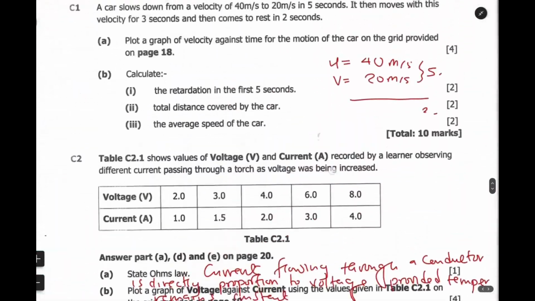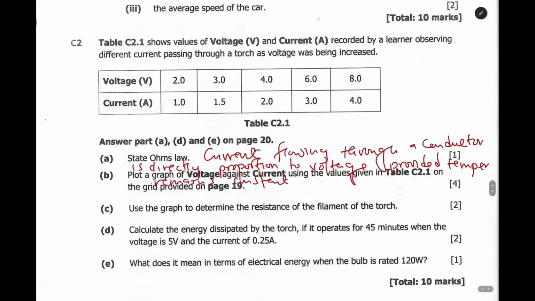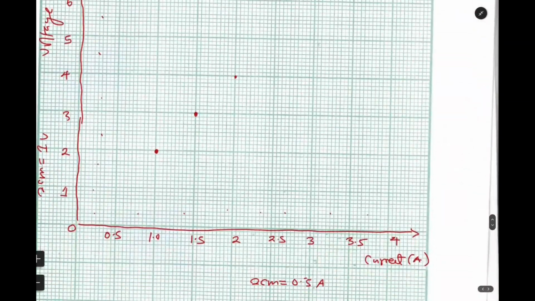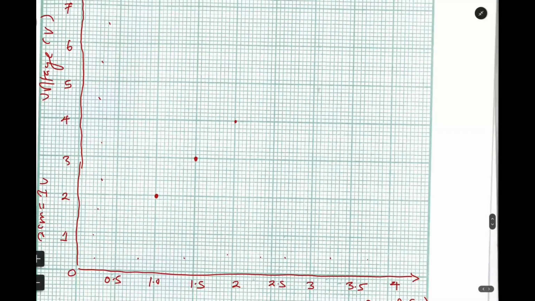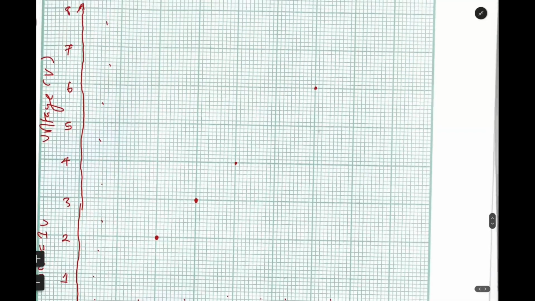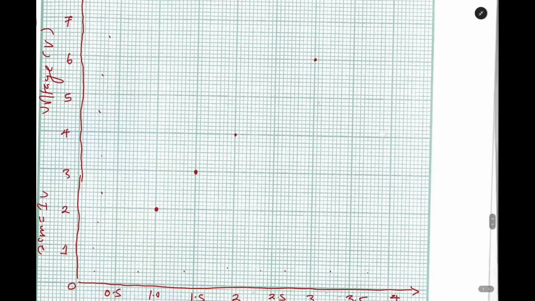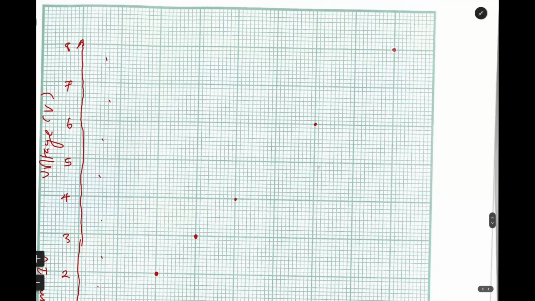Then what is the next one? We have 3, 6. So 3, 6 is right here. Then we have 4, 8. 4, 8 is right there.